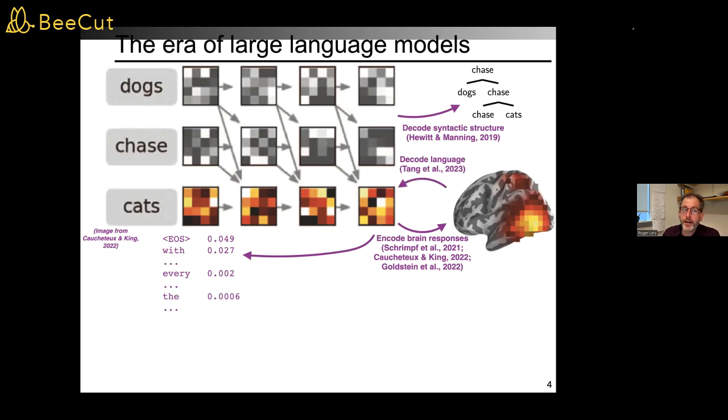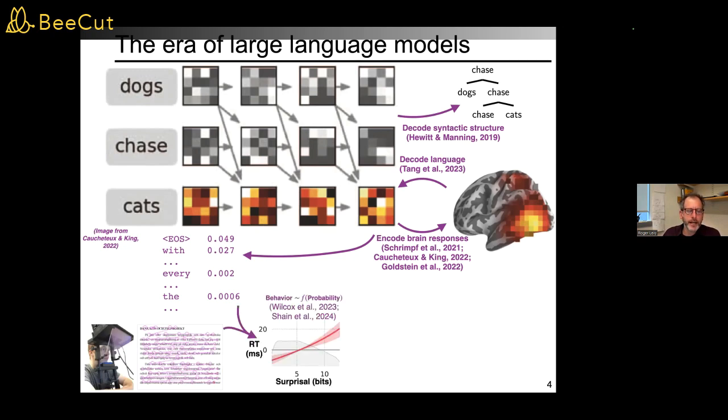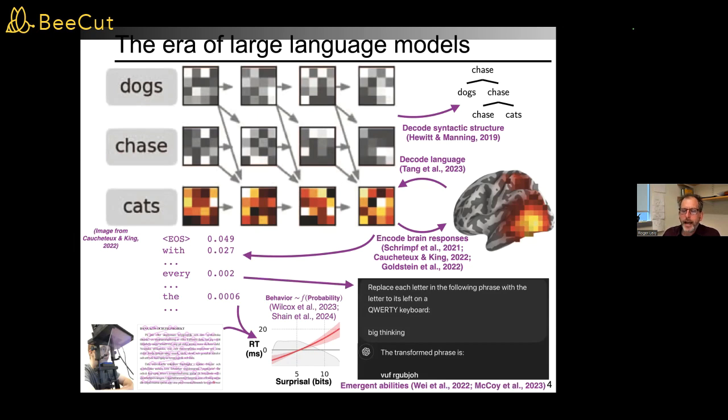You can also decode possible inputs from brain representations, which allows you to basically decode thought into language. We use them to connect with behavioral data and confirm law-like relationships between probability distributions in language and processing behavior. And they even have what are called neat emergent abilities.